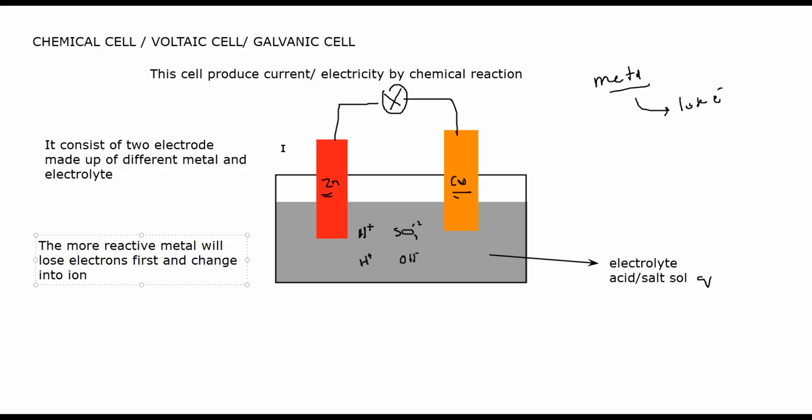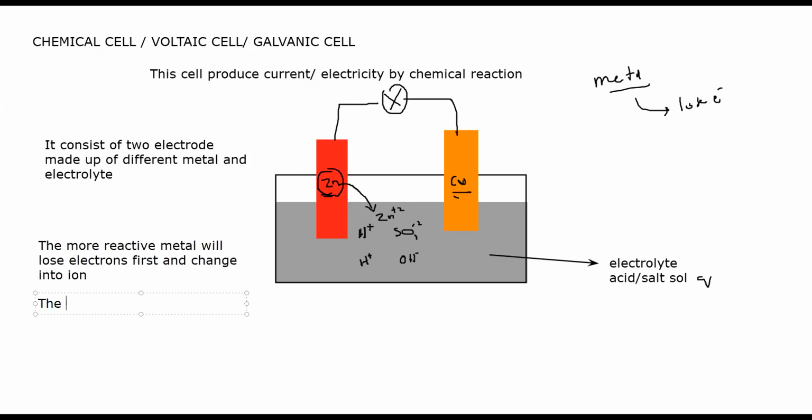So the zinc atom, which is more reactive, will lose electrons first and change into a zinc ion. So what will happen to the electrons which are lost by the zinc?